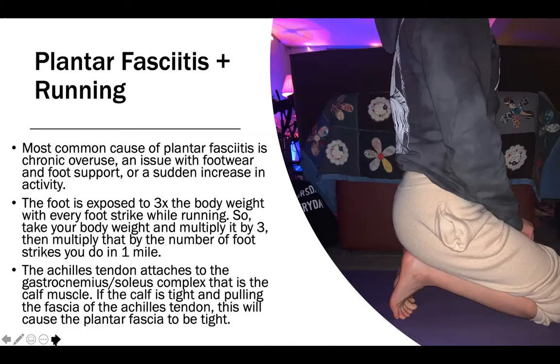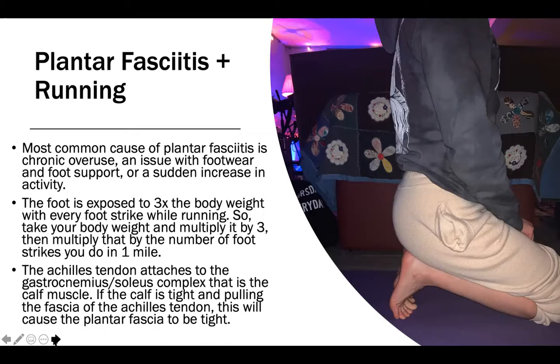Your foot is exposed to 3 times the body weight with every foot strike as you run. So if you take your body weight, multiply it by 3, and then take the number of strides you make in, let's say, a mile, that's a lot of weight for every foot strike, and a lot of strikes.